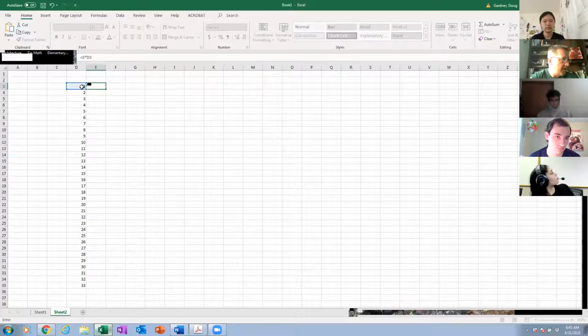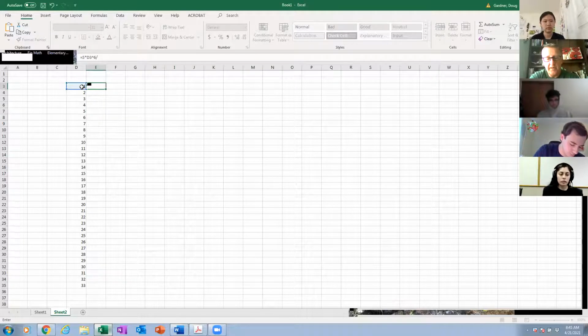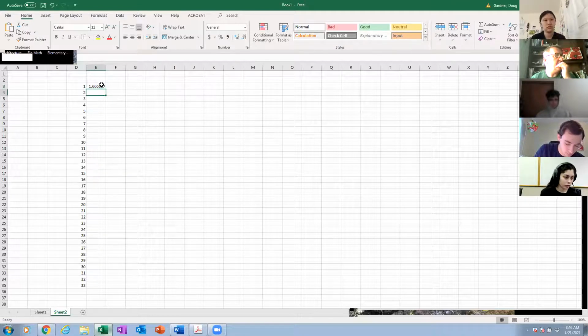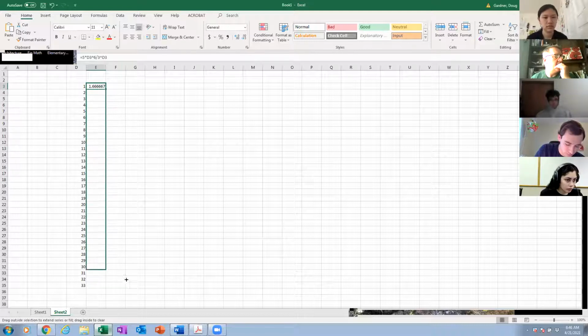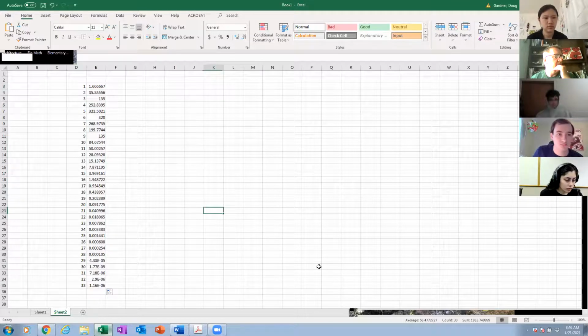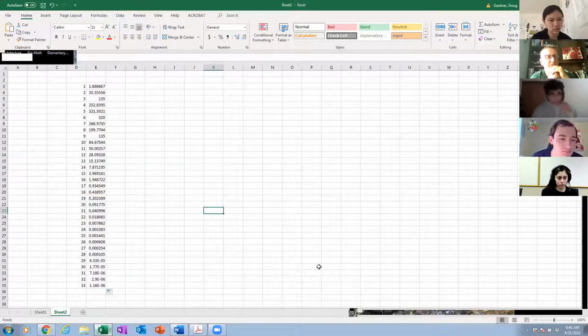And then that was divided by 3 to the k, 3 raised to the k. I don't see anything wrong with that. So there's our first term. And notice it passes. And notice how interesting those numbers are.